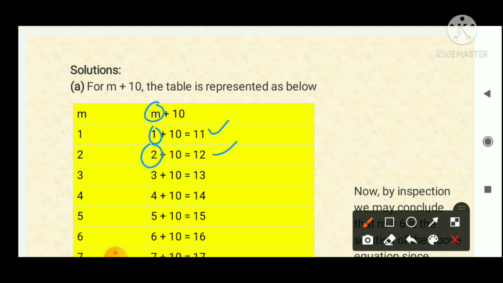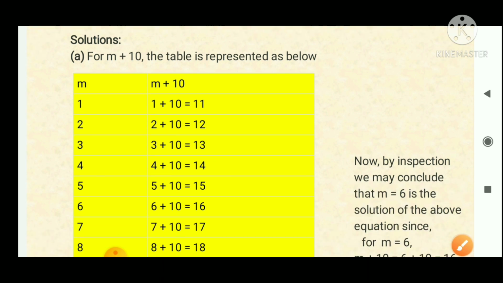When we put m equal to 3, 3 plus 10, we get 13. When we put m equal to 4, we get 4 plus 10, 14. When we put m equal to 5, 5 plus 10, 15. When we put m equal to 6, 6 plus 10, 16.